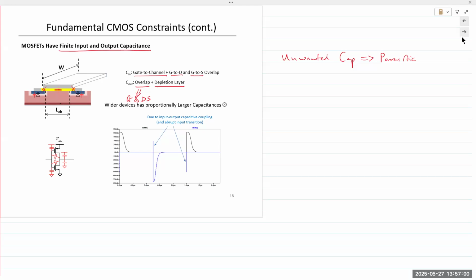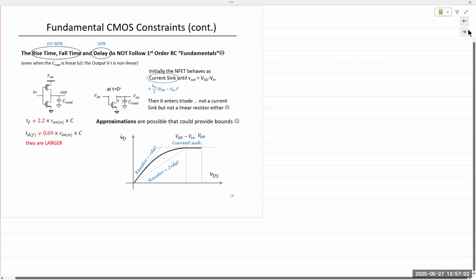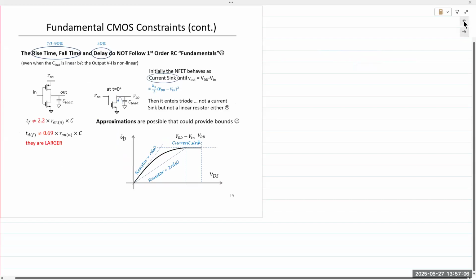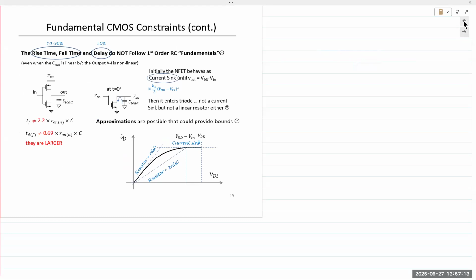Okay, I think we will see rise time, fall time. Okay, yeah, one more slide. So we talked about switching speed, rise time, fall time, and delay. Okay, there's a capacitance. It stores energy, charges, discharges.